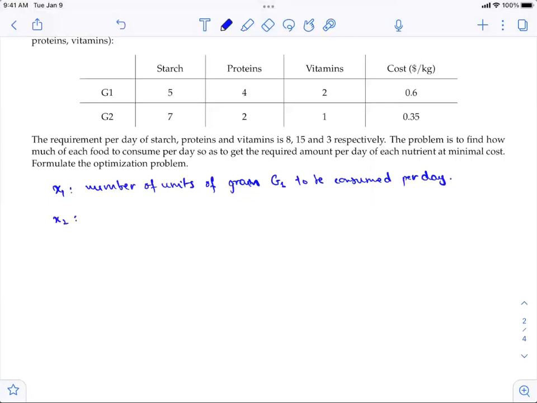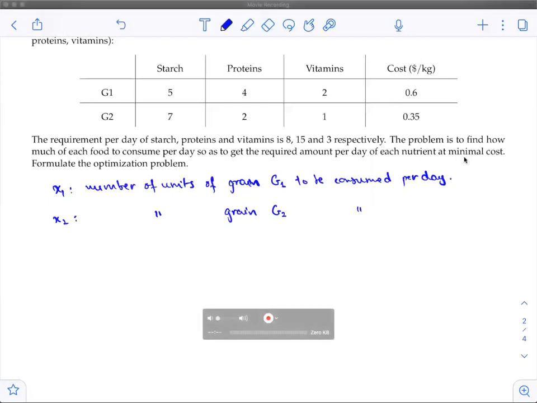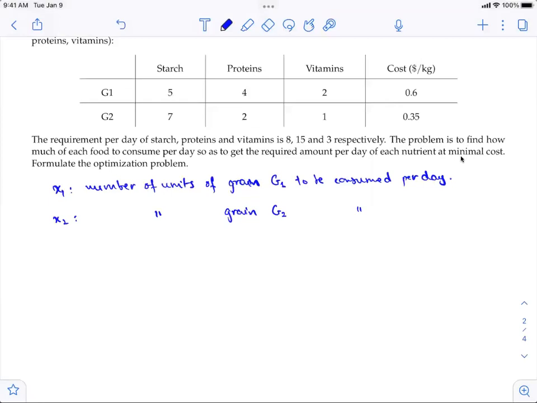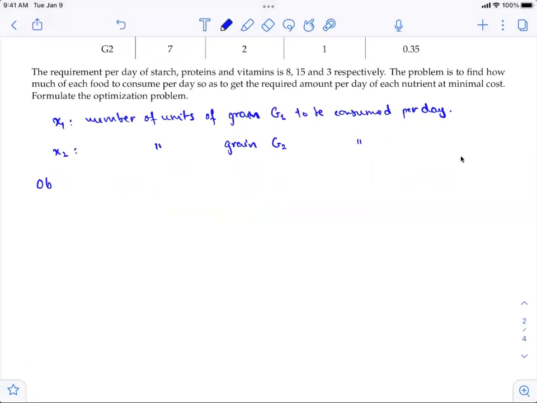And x2 is going to be the number of units of grain G2 to be consumed per day. So you have two types of grains here. Now let's come up with the objective function. Again, in this case, given the problem, we want to minimize the cost.